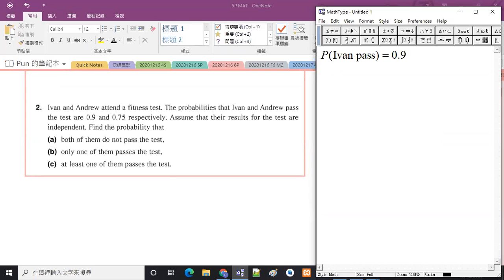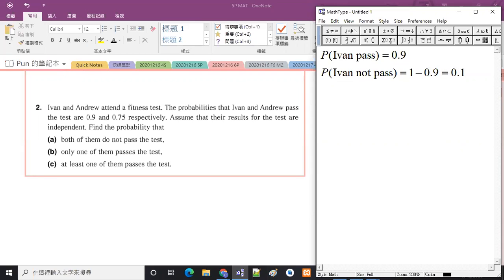Now that I have written Ivan pass, besides pass, the other possibility I must think of is that Ivan does not pass, or he fails the test. That will be equal to 1 minus 0.9, that is 0.1.